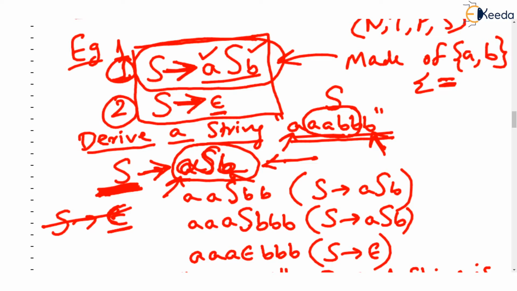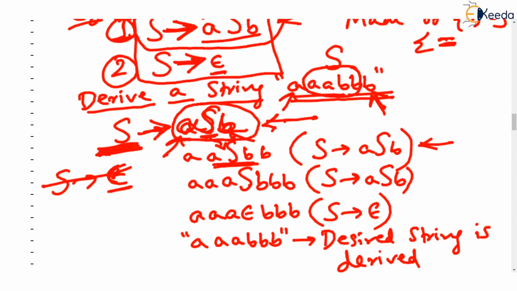Now the next step in the derivation, this S is replaced with ASB again. So the production we have used out of the two is S derives ASB. The string till now is double A, S, double B. That means we have derived two A's in the front and two B's at the end.